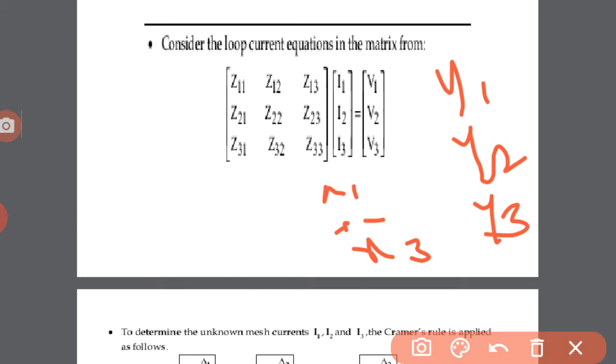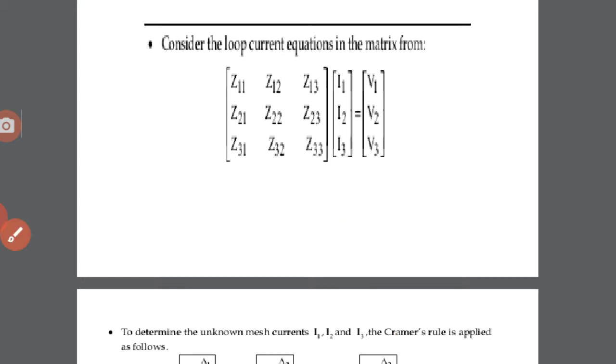A network has source elements, current flowing through it, and power delivered or consumed by the network. That's why these parameters are different: here the parameters are impedance, current and voltage.